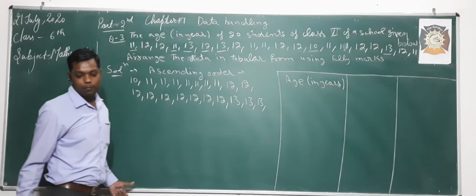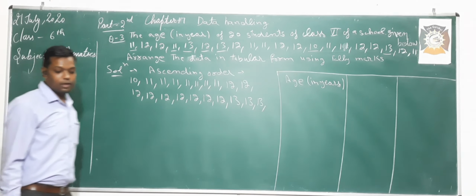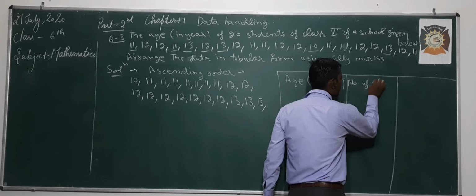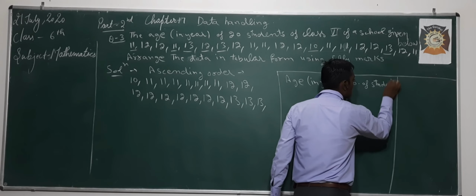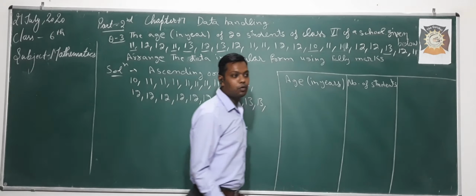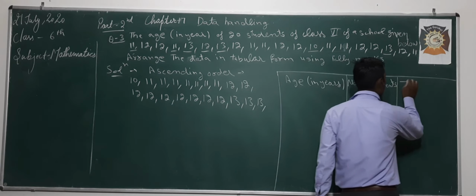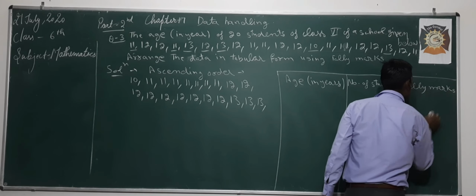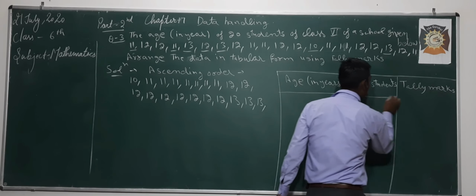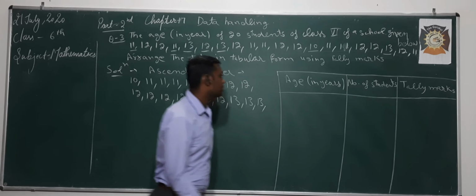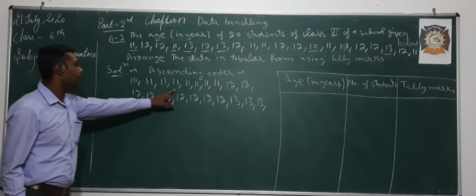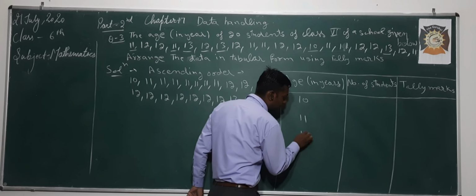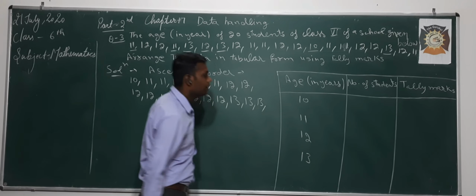In the second column we have to write the number of students. And in the last we have to arrange tally marks. So arrange the data. Next, the ages of the students are 10, 11, 12 and 13.